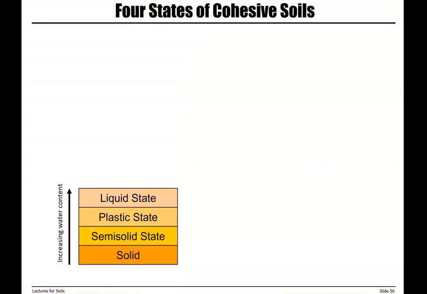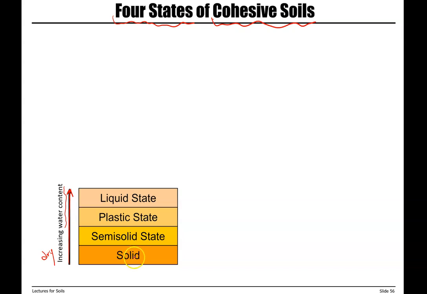In order to look at the plasticity of a soil sample, first we need to go over the 4 states of cohesive soil, based on the water content. We have a completely dry sample, which we call solid, and then we start adding water. So this is an increase in moisture content or in water content of soil.